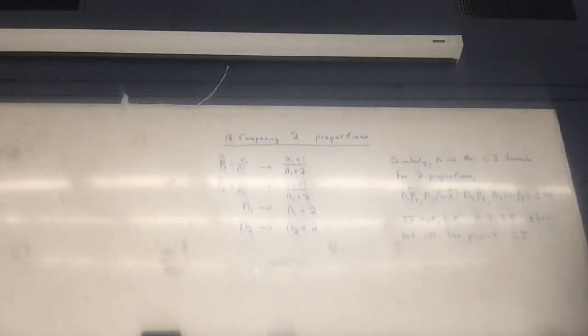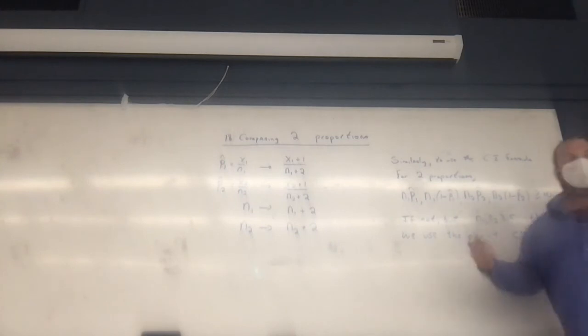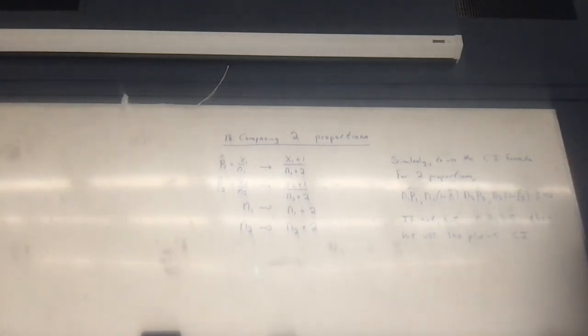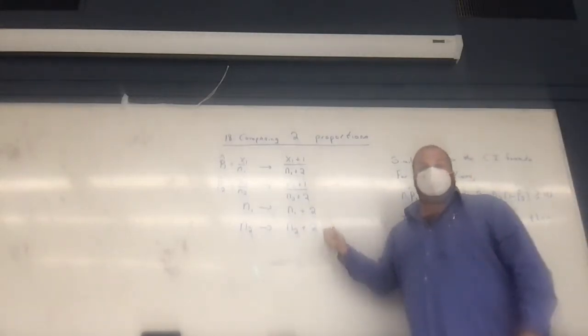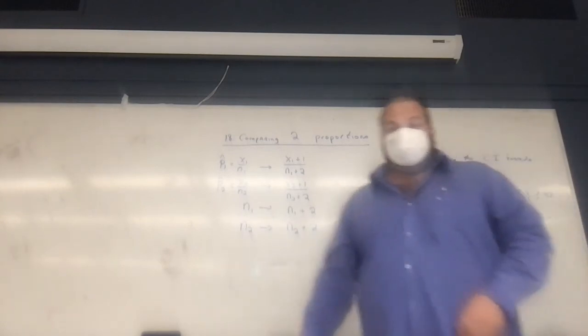But now what we do is we add 1 success and 1 failure to each sample and 2 trials to each sample for a total of 4 extra data points. This would be your +4 confidence interval. And when it comes to the calculator, just plug in your new values for x's and n's as opposed to the original ones, and your calculator will do all the work.